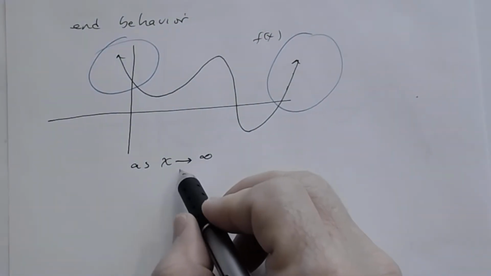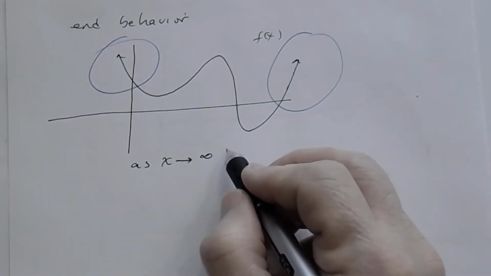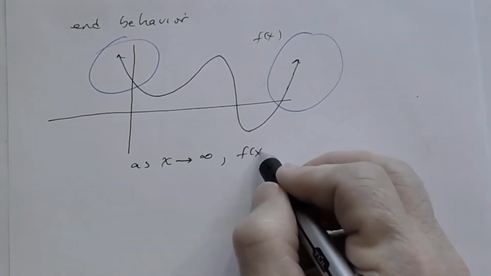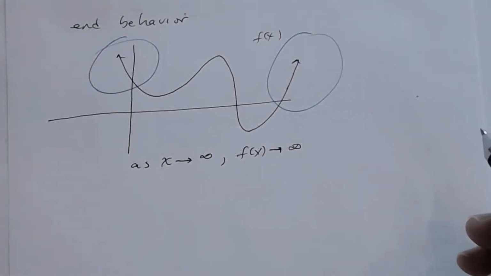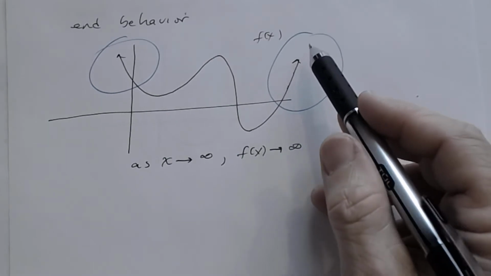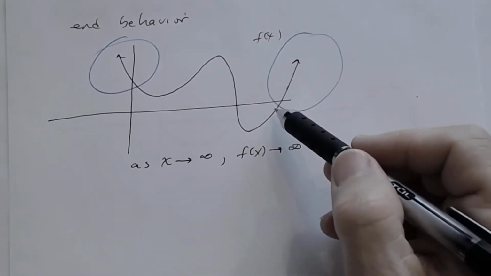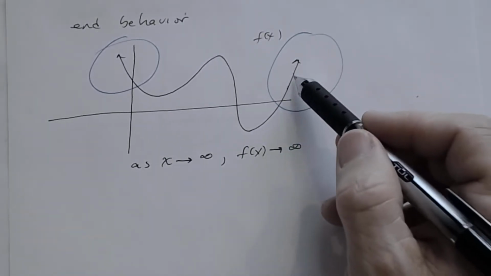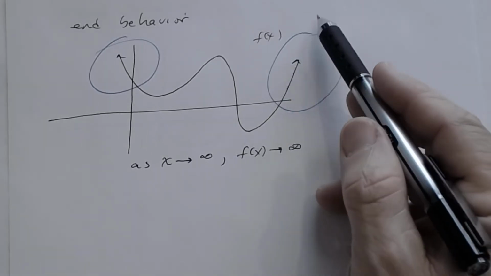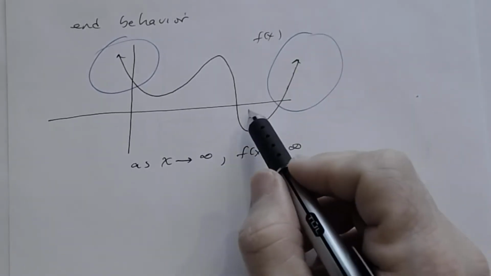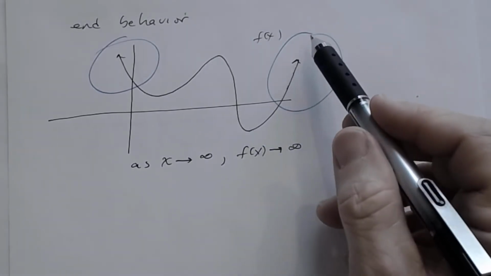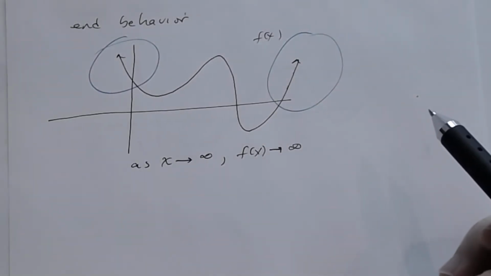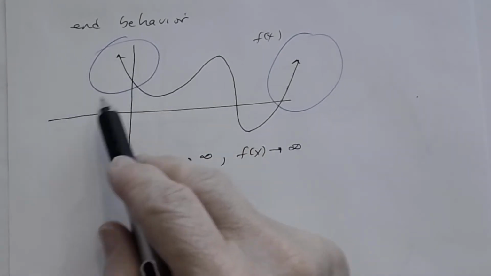So as x approaches infinity, f of x approaches infinity, meaning the y values are getting more positive. As x gets more positive, my y values get more positive.